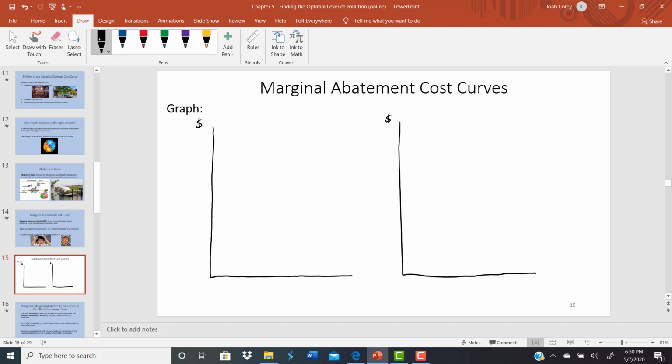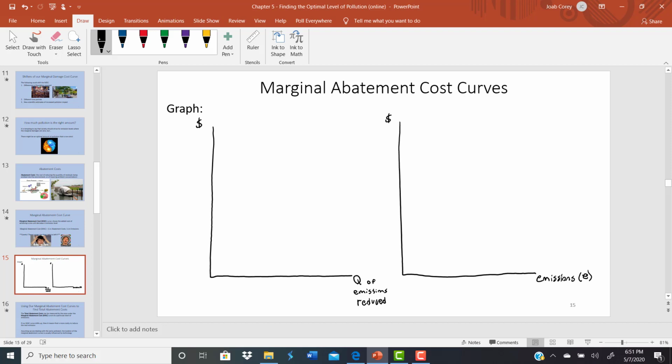Right, now in the first graph we're going to be looking at the quantity of emissions reduced. Whereas on this graph on the right, we're just going to look at the total number of emissions, E, which is kind of what we've been looking at in our other graphs.